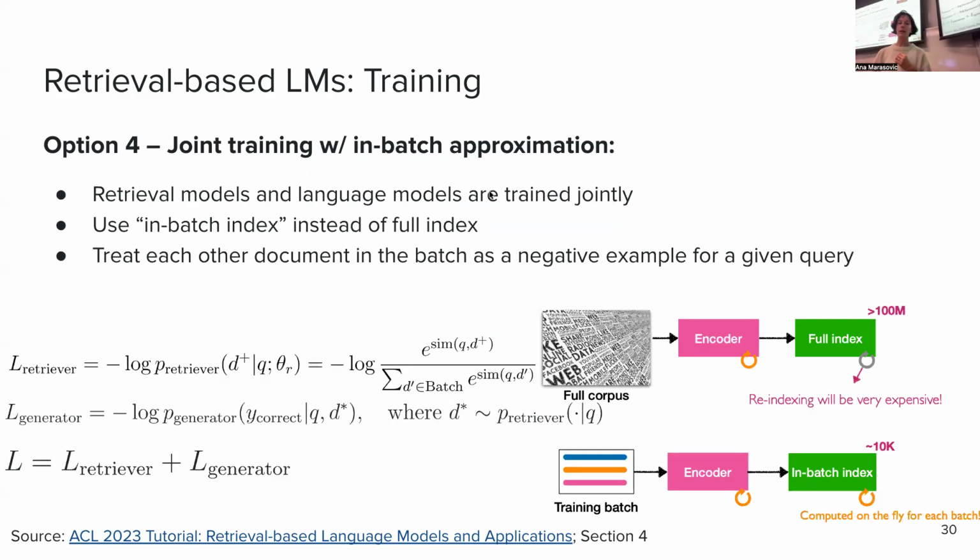Something a little bit more practical is to use the so-called in-batch approximation. So here, you are going to take some batch of documents, and you are going to have, for sure, the document that's truly relevant to your query, and then some other ones that are not relevant.